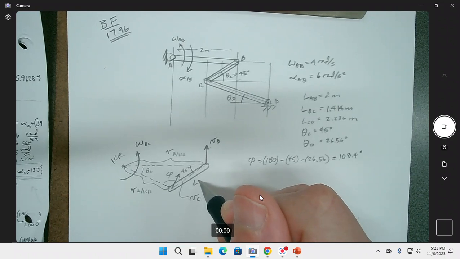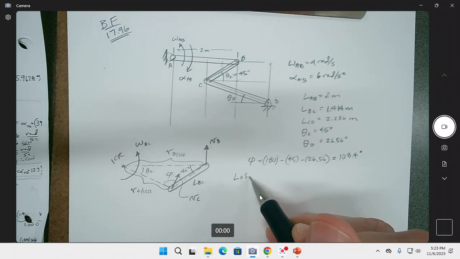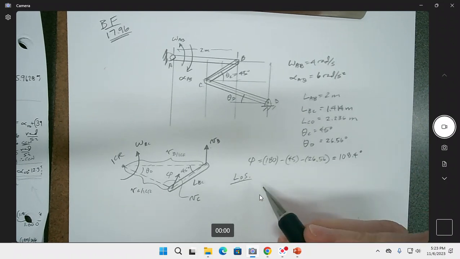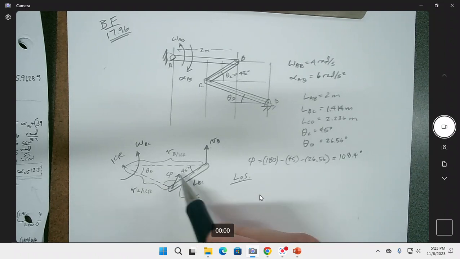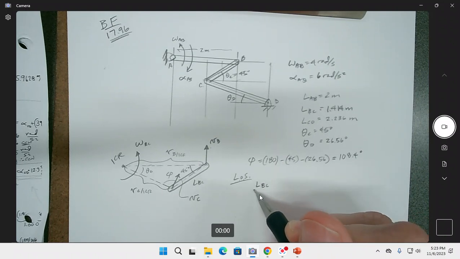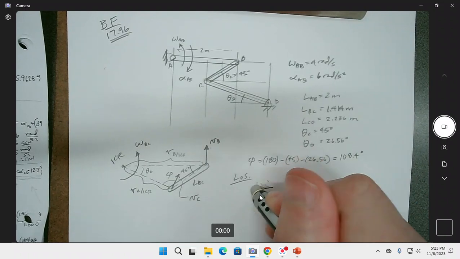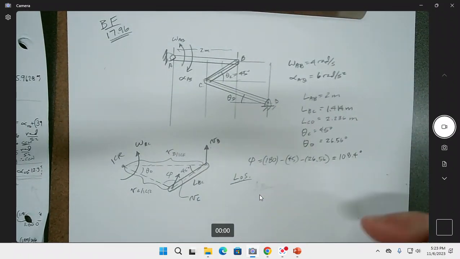So if this is LBC, we can do our law of sines and find, so here's the known one right here. So let's go that one first. LBC. I think it'd be quicker if we just put numbers in there instead of the symbols.